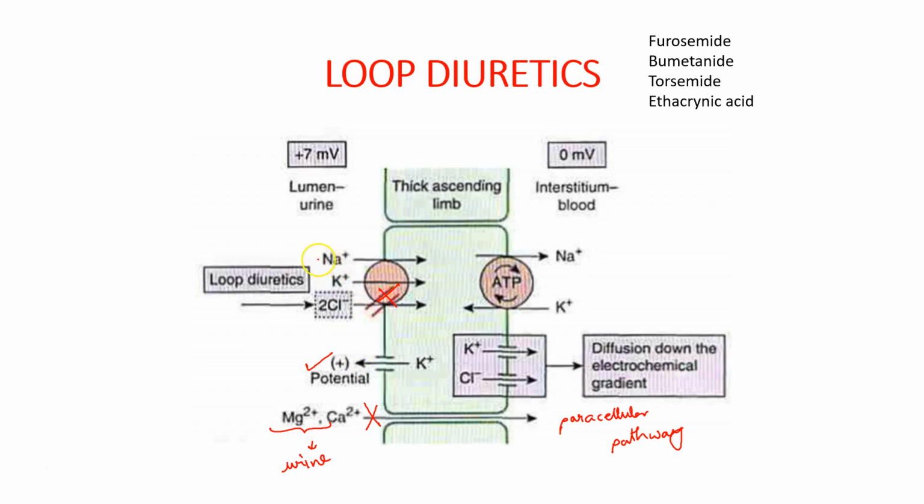Also, because sodium and potassium are not being reabsorbed, it will cause hypokalemia. And because sodium in the lumen will cause increased water in the lumen, so they will be excreted in the urine.